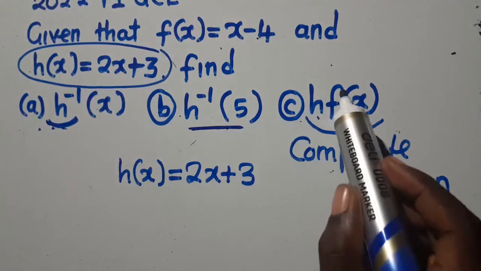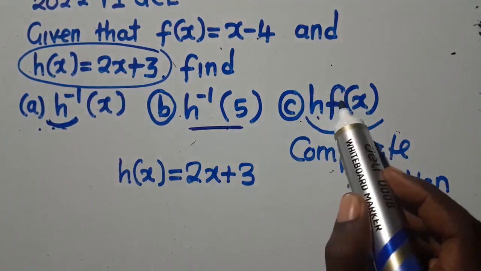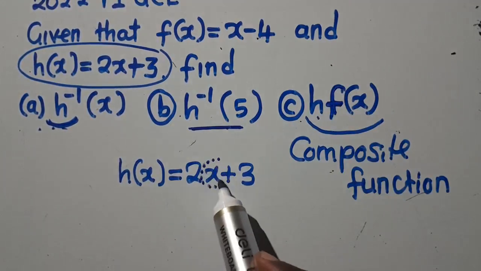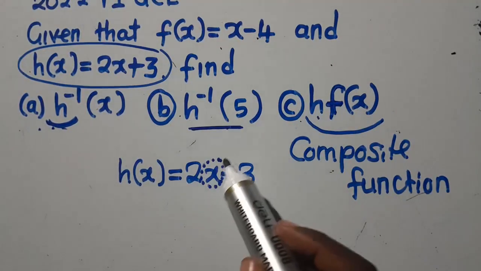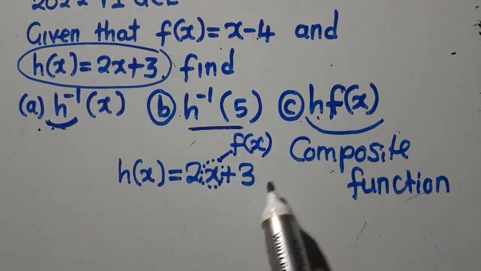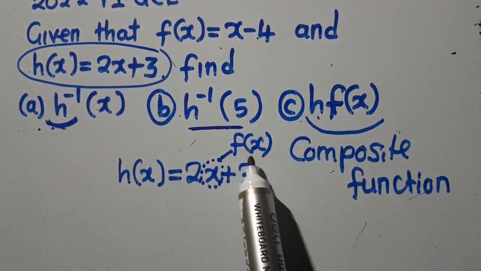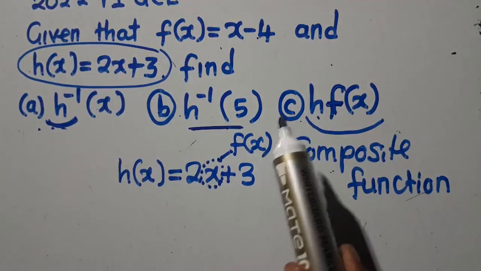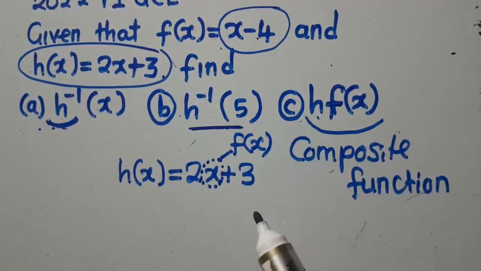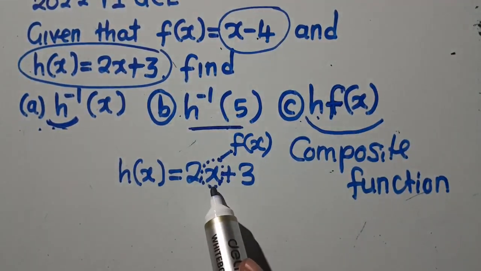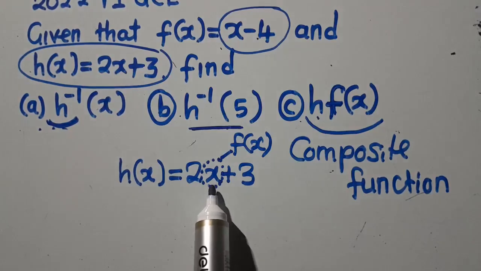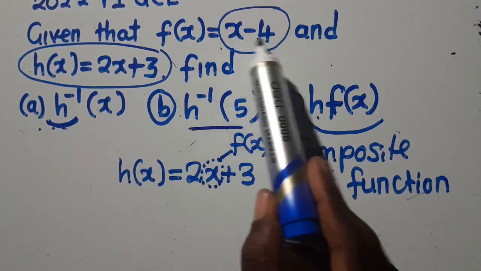Then there is another function here, which is f. This tells you that where there is x in h, you put the function f of x. Are you going to put the whole function? The only important part is x minus 4. So where there is x, that's where you put x minus 4.